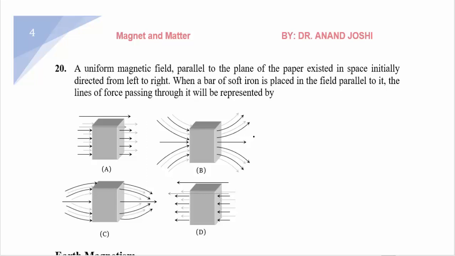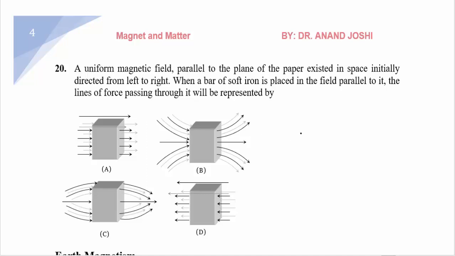Now, a uniform magnetic field parallel to the plane of the paper exists in the space, initially directed from left to right. When a bar magnet of soft iron core is placed in the field parallel to it, the lines of force passing through it will be represented how?